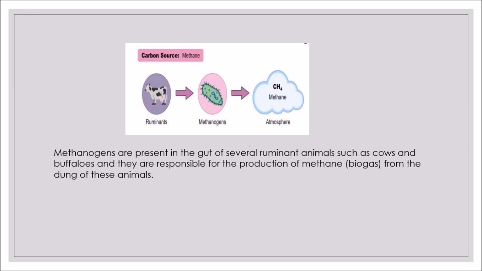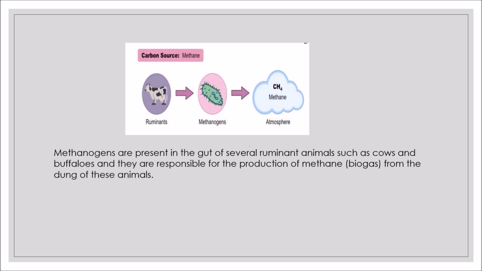These methanogens present in the gut of ruminant animals like cows and buffaloes are responsible for the production of methane. They produce methane, that is biogas, from the cow dung of these animals.